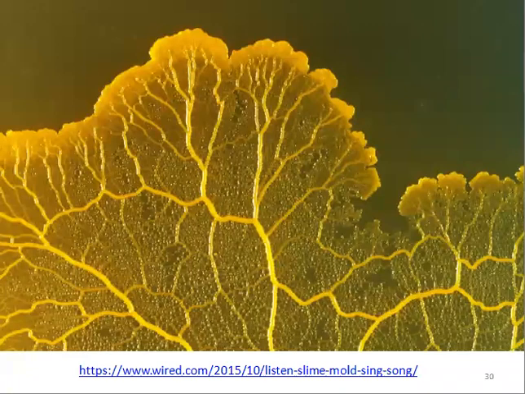Here is also an image of Physarum polycephalum. Here you can see the veins, and the veins form a network, and so many nuclei are present in these veins, and there are no septa, and this is the phaneroplasmodium of Physarum polycephalum.